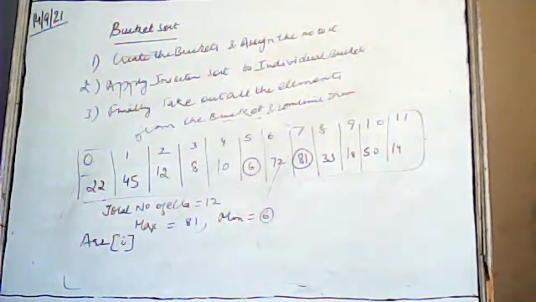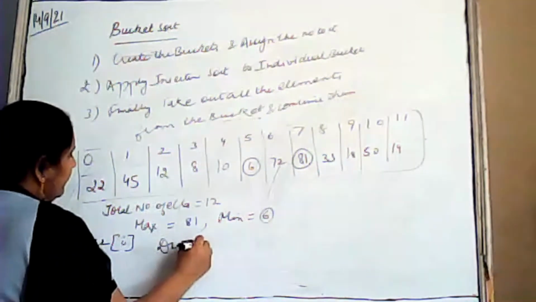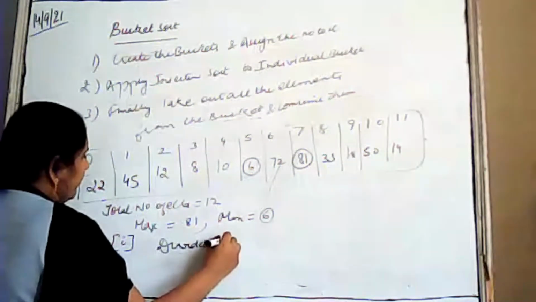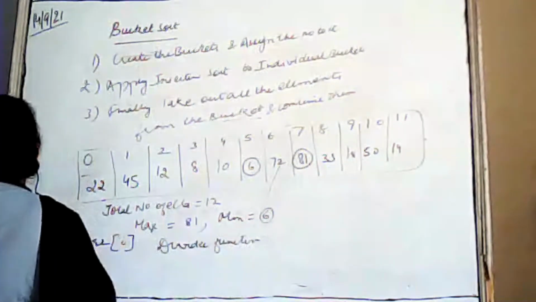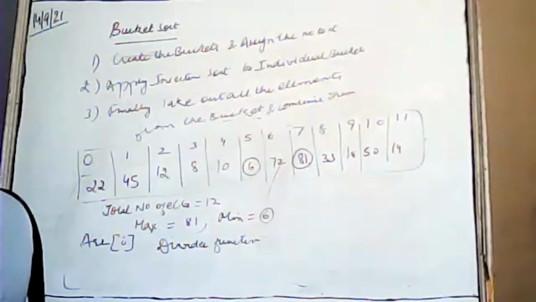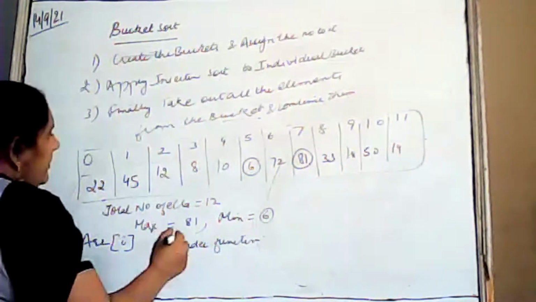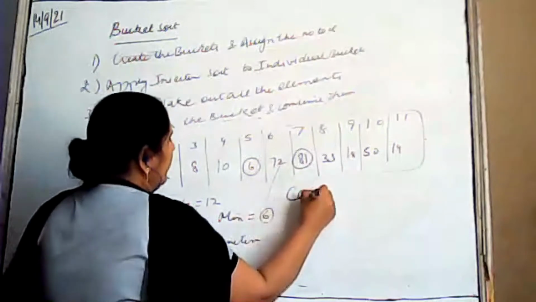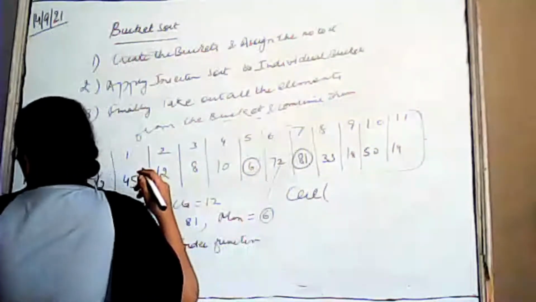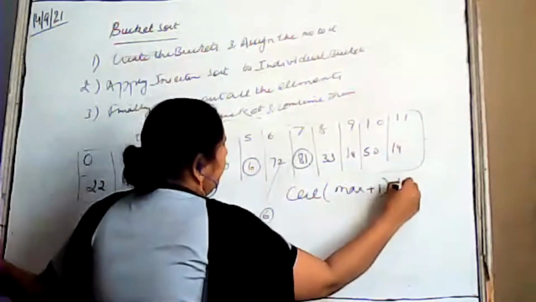Now, there is one divider function according to which the bucket sort is done. That is ceil of (max plus 1) by number of buckets.